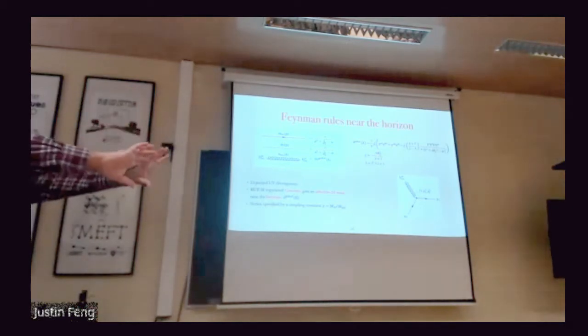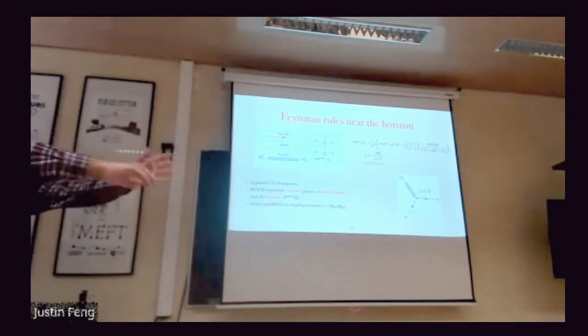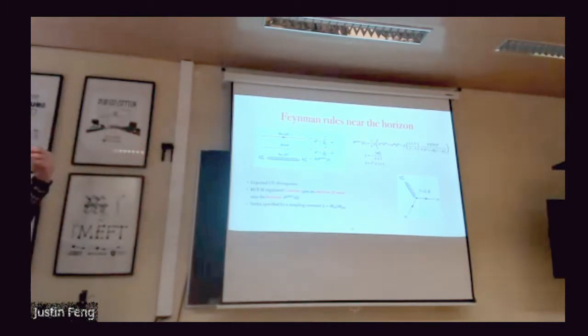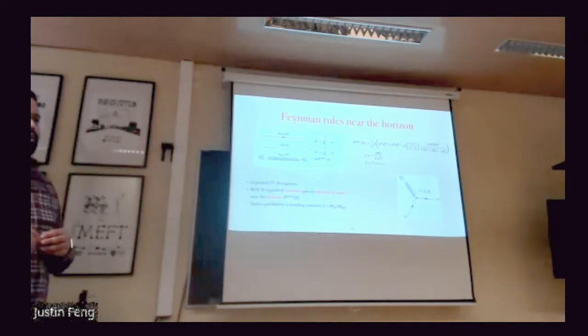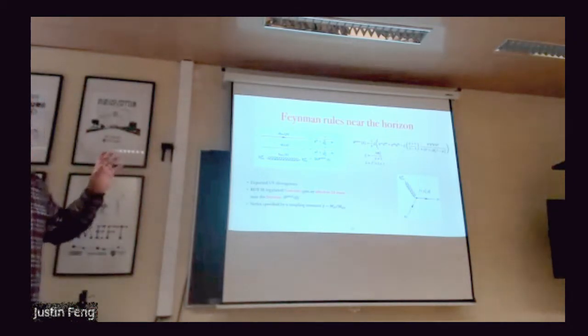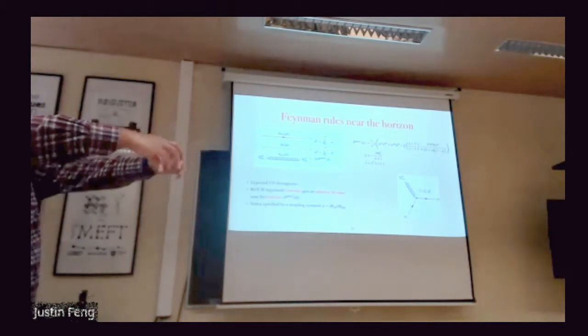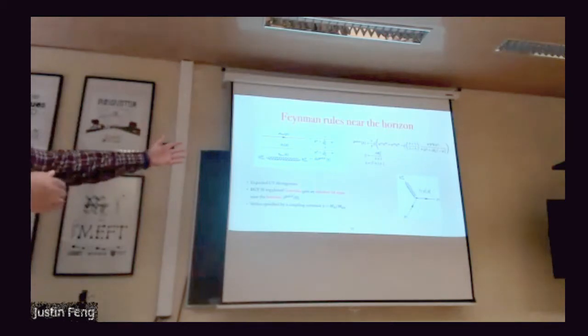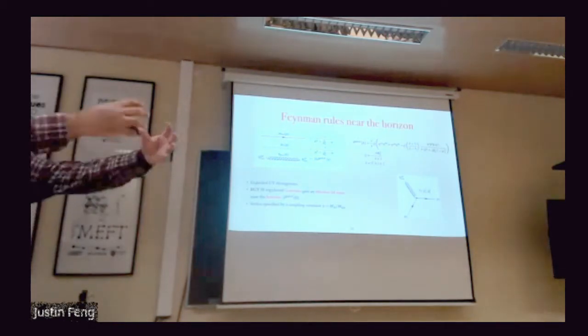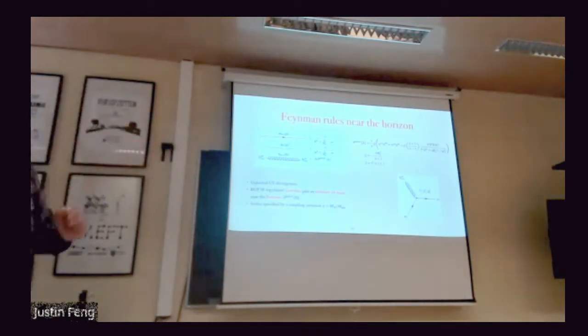So you send something in, there's some potential, it interacts in a complicated way, and you get something out. So I'm interested in what happens to the asymptotic observer, the observer that's far away. And I'm saying that you can treat these particles to leading order as asymptotically free, except when they reach the horizon. In the near horizon region, there's this effective coupling, there's some interactions, and the scattering matrix is governed by the effective theory near the horizon.